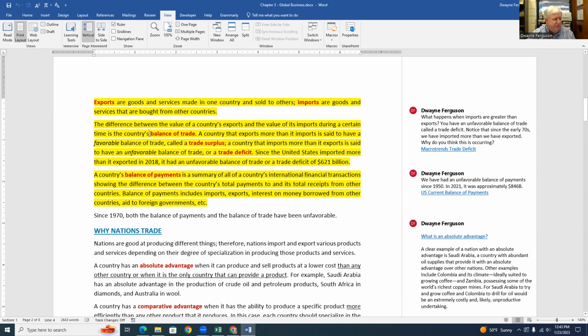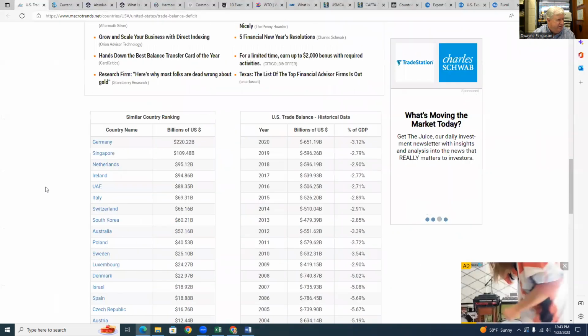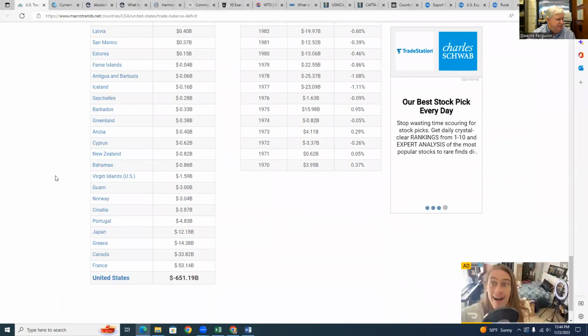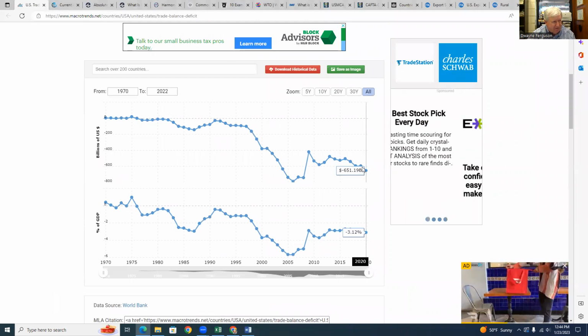And we have an unfavorable, you can see it right here, unfavorable balance of trade. In other words, every year we end up having a trade deficit. And I don't know that I have a chart. Yeah, it's not showing. You actually just have to pull across it to see.